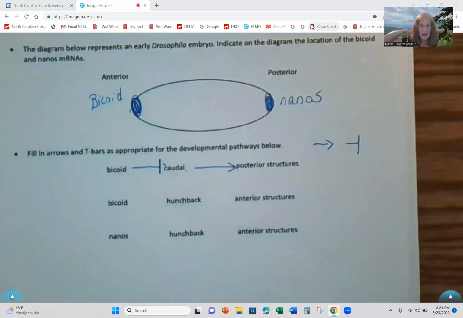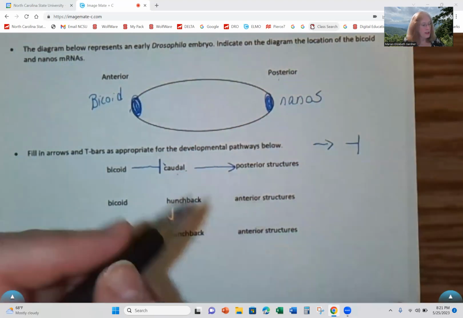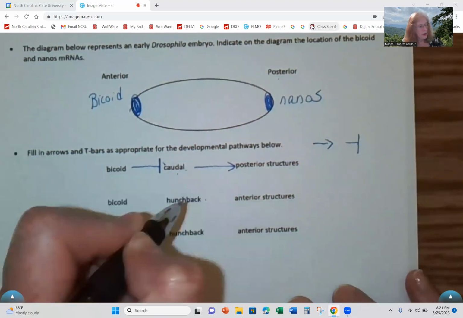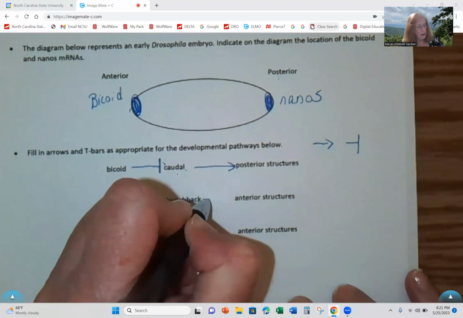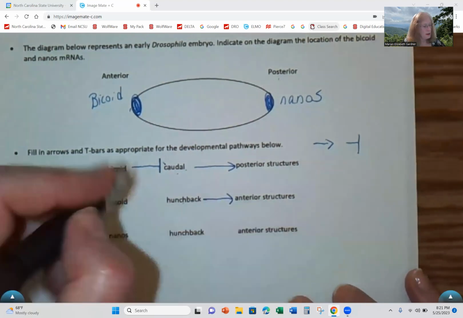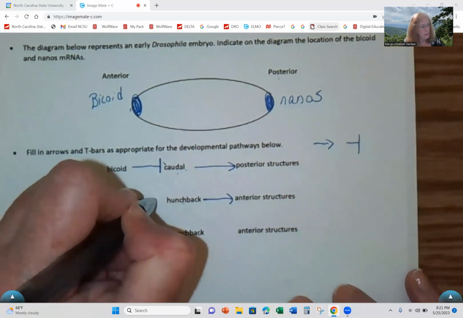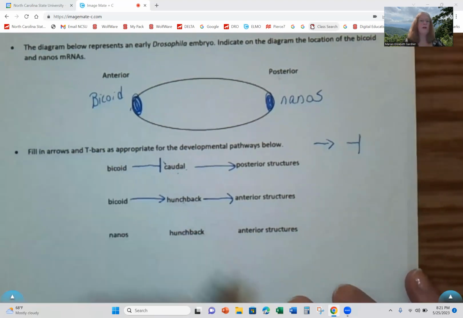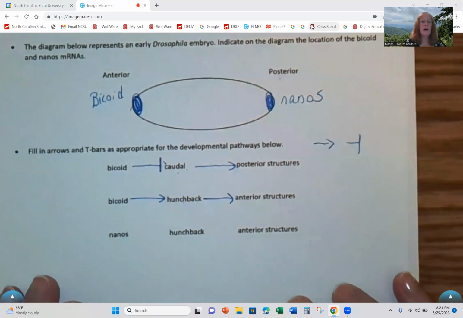Think about hunchback, kind of near your head, and so that's going to be something that's going to be important with anterior structures. So hunchback normally promotes the production of anterior structures, and bicoid is going to promote the activity of hunchback.